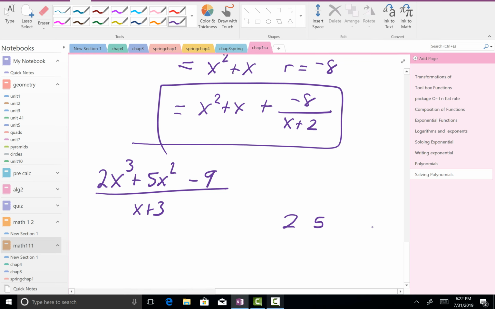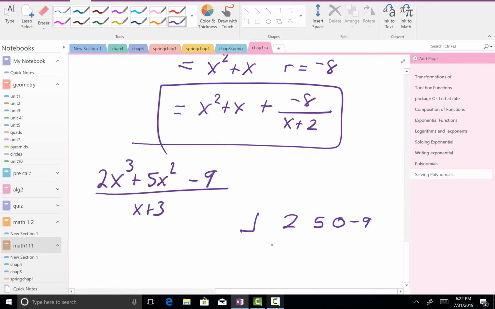Now, we're tempted to go -9 here, but we have to be careful because this is an x cubed, this is an x squared. What would naturally come next? X, right? But there aren't any x's. But you have to put a placeholder in there in order to get synthetic division to work. Since there aren't any x's, we're going to put a 0 there. And now we put our -9. All right, so if there aren't any values or variables there, you have to put 0 there as your placeholder.